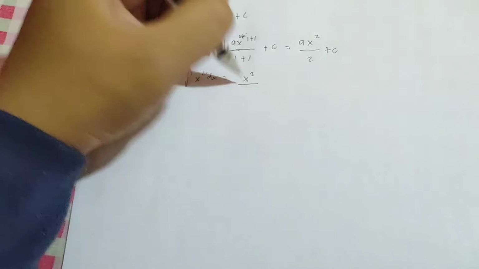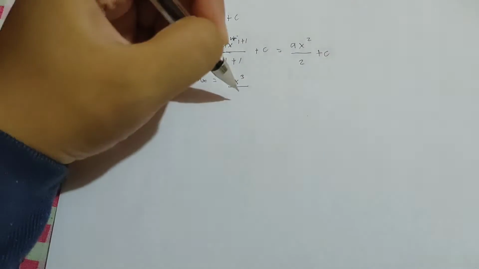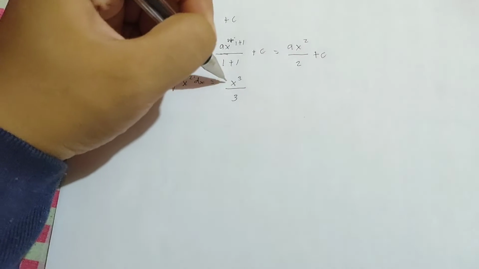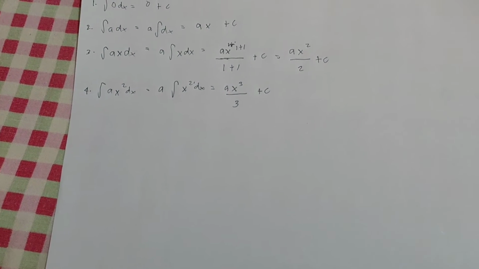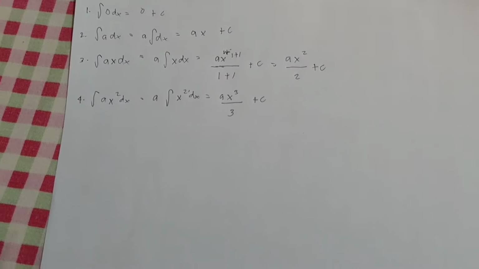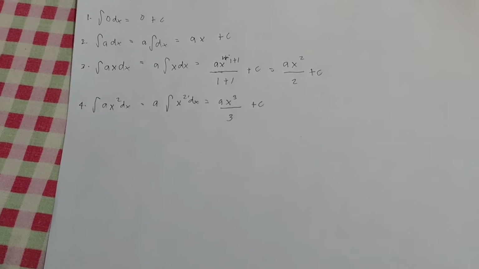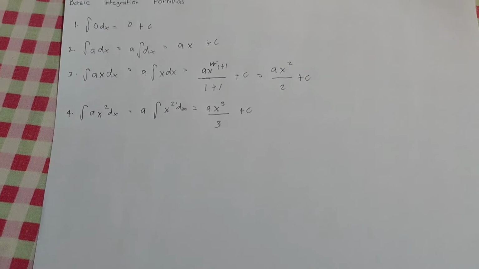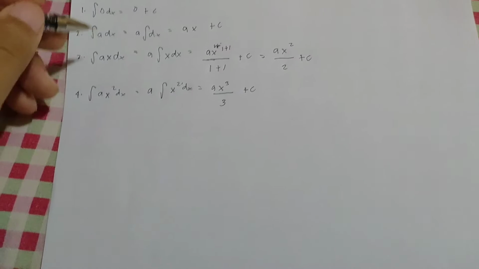And also to our denominator we will add 1, which is 3, so ax cubed over 3 plus c. For clarification, we add to the denominator; this is a rule when our variable has an exponent.